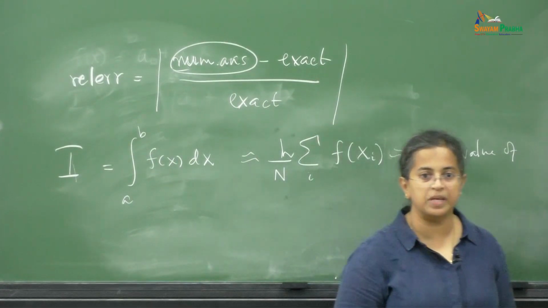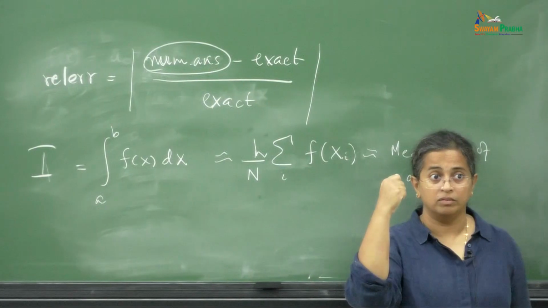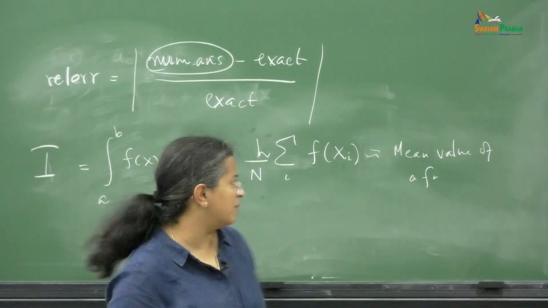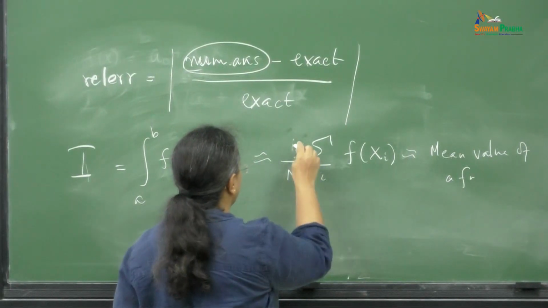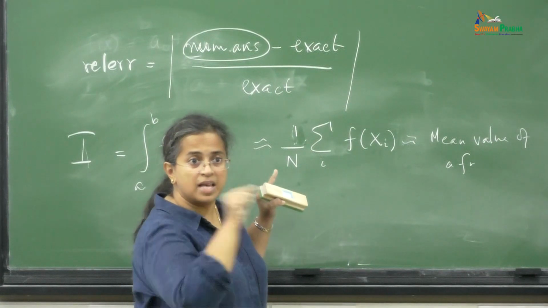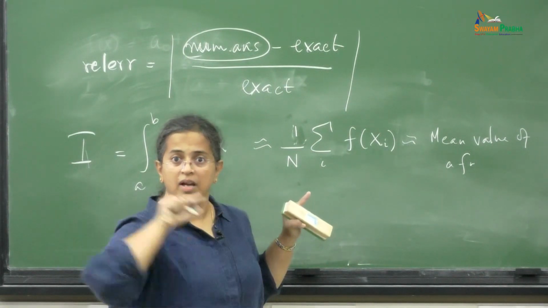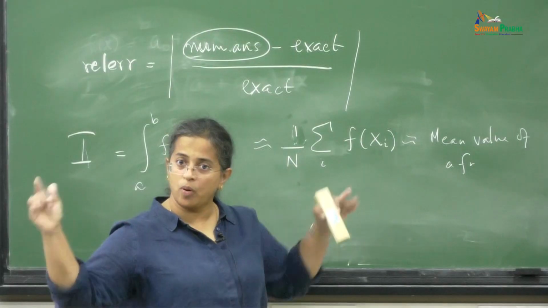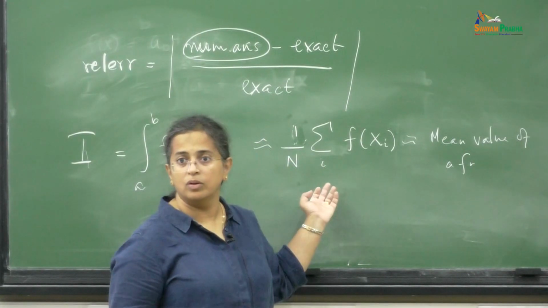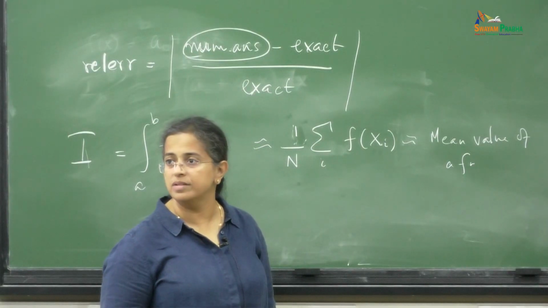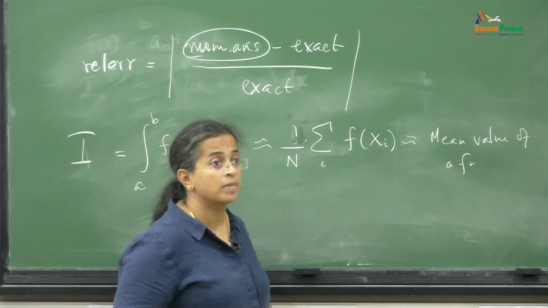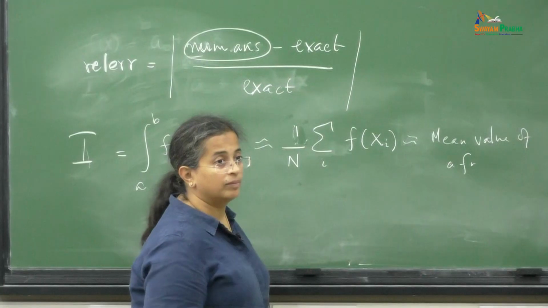What will the x's be? They are randomly drawn points. I draw the points randomly, give the same weight, so I can in fact set my h to be 1, I don't care. This then is the mean value. Sample, find the value of the function at all these randomly drawn points between the interval a and b, and I'll find out what the average value is. That gives me another way of doing an integration. So I just put h to be 1.